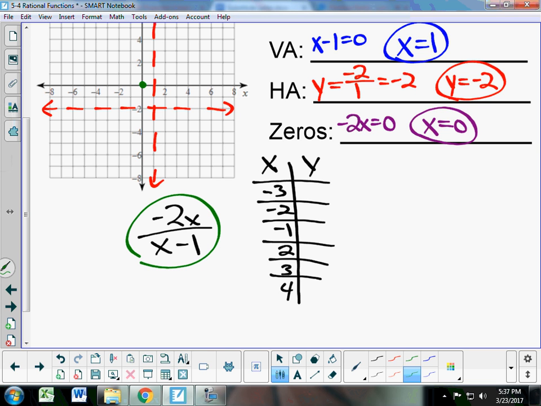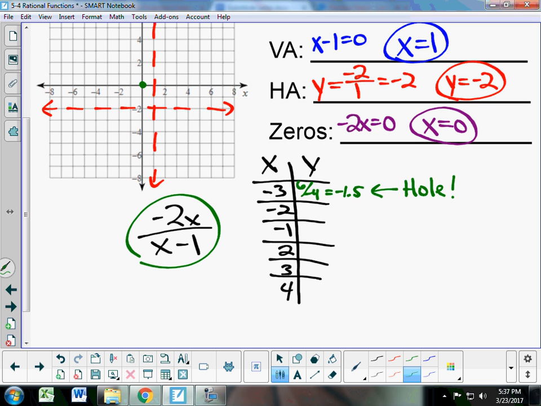So plug in negative 3, we get 6 over negative 4, which is negative 1.5. And now that's actually where the hole is. So let's keep making note of that. Okay. So when we graph that spot, we're actually going to graph it as a hole.